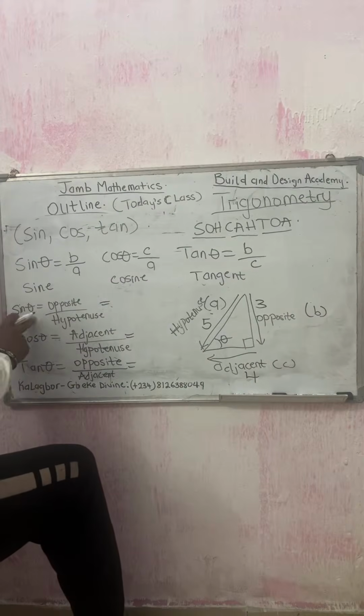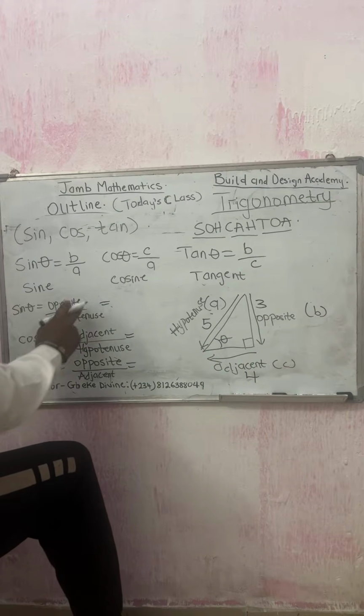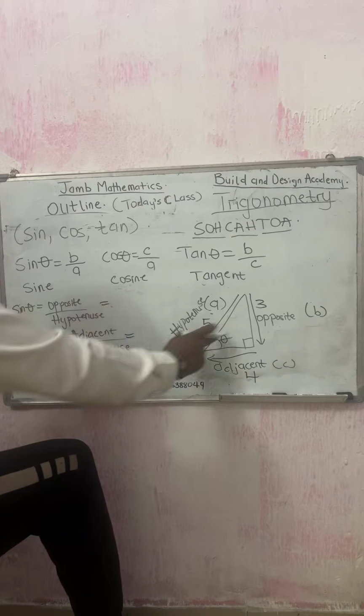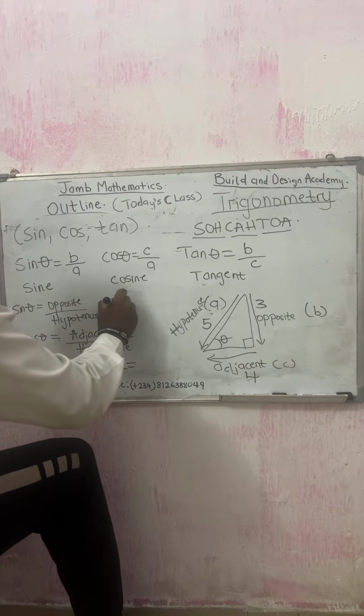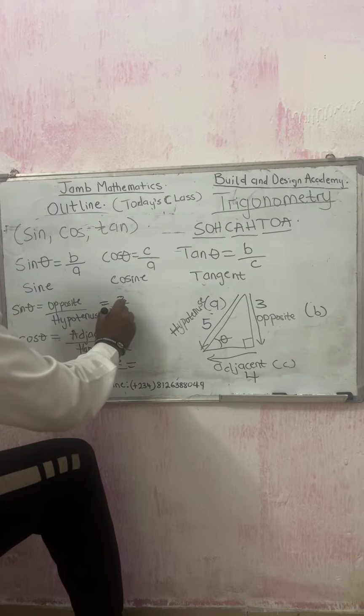And they say we should find sin theta, cos theta, and tan theta. Sin theta now will be opposite over hypotenuse. Our opposite is 3, right? So it will now be 3 over hypotenuse, that's 5.